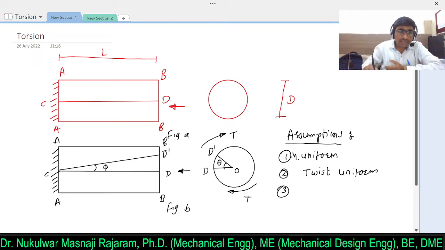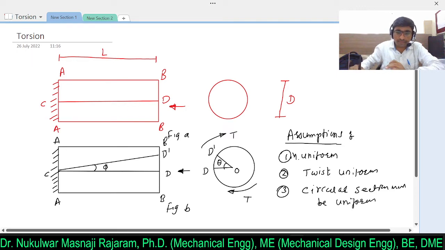Now the third assumption is that the shaft is of uniform circular section throughout. If you measure the diameter at different sections, say at AA, at BB, if I draw another plane over here, then at every section the circular section must be uniform at different planes. The fourth assumption is that cross sections of the shaft which are plane before the twist must remain plane after the twist.